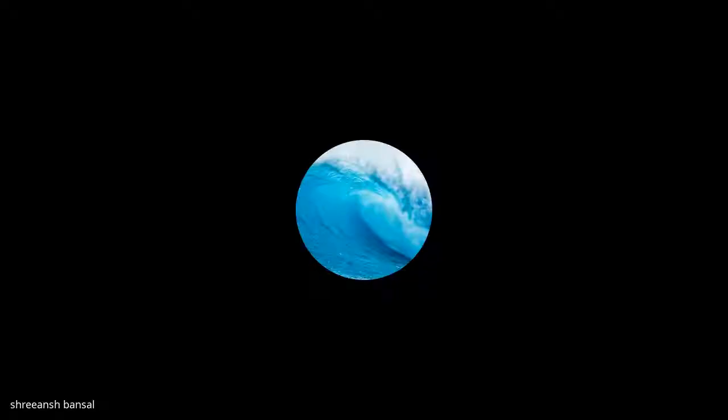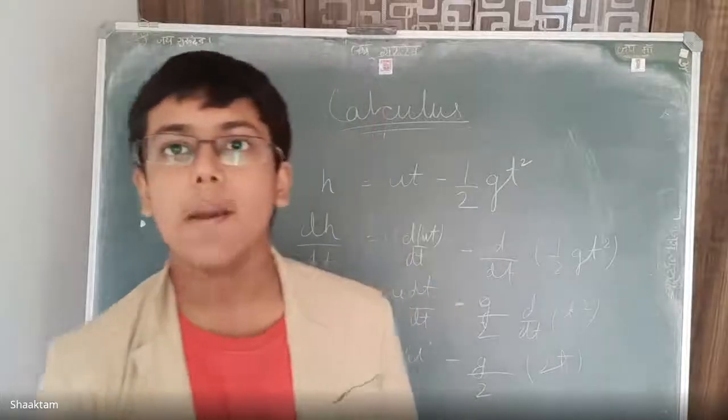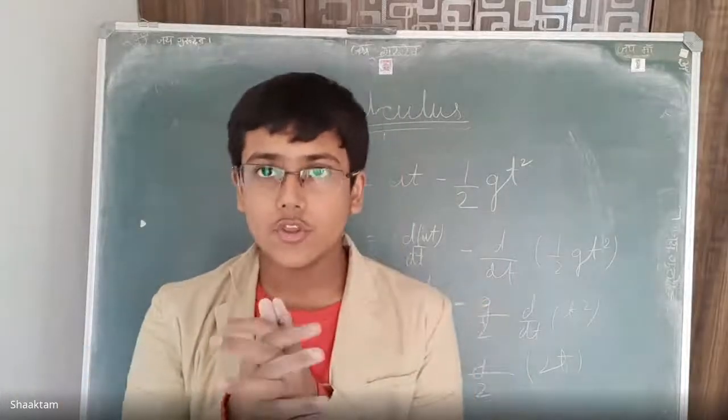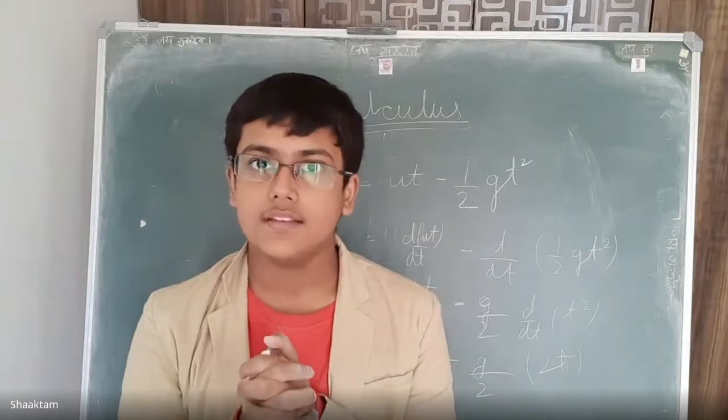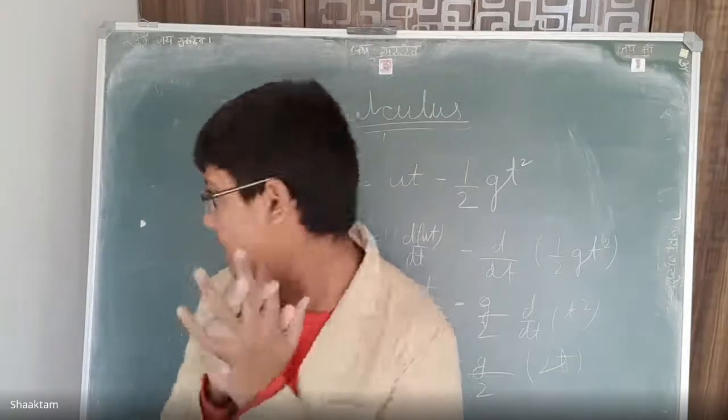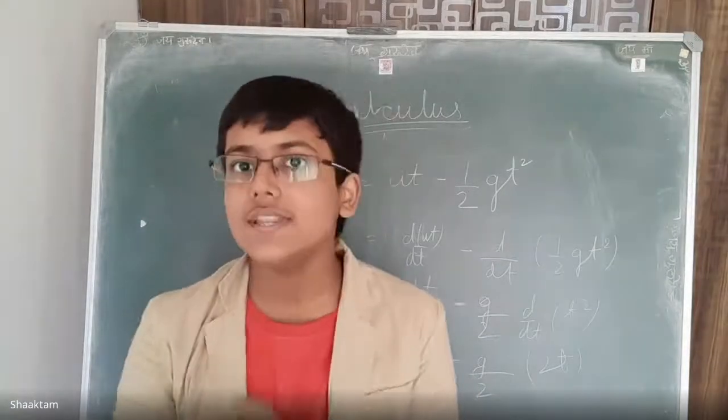Shaktam, there's one doubt in the starting also in this. How did you start with this formula? This formula isn't written there. dy by dx is just showing how y is varying with x. So in this I'm just taking h with time.